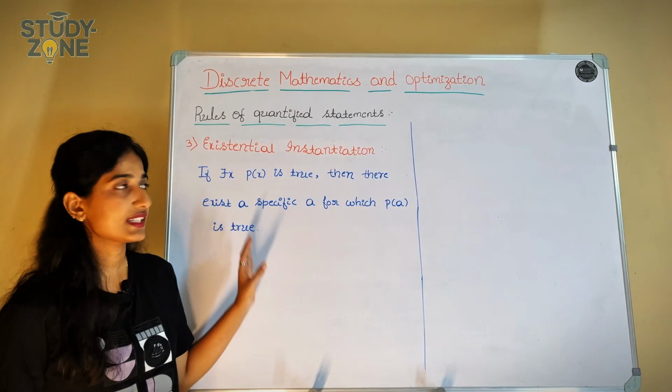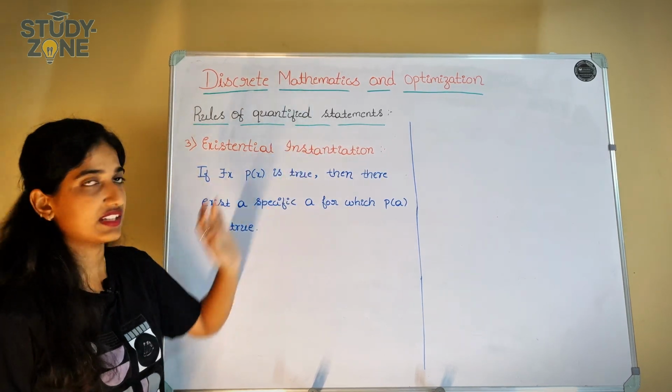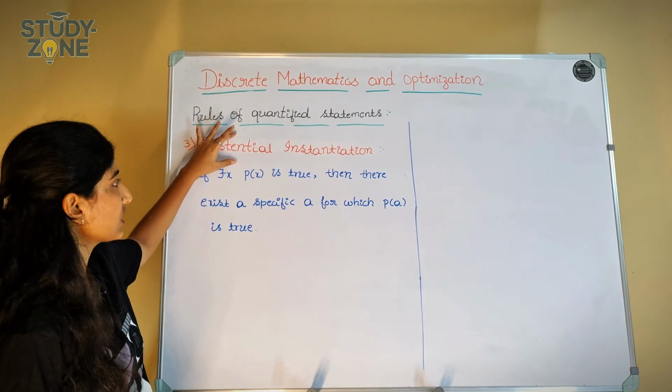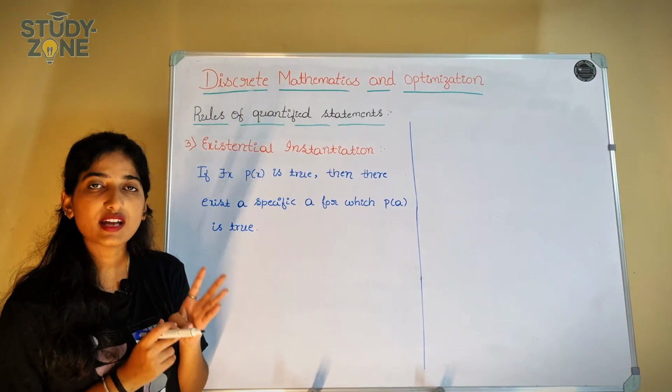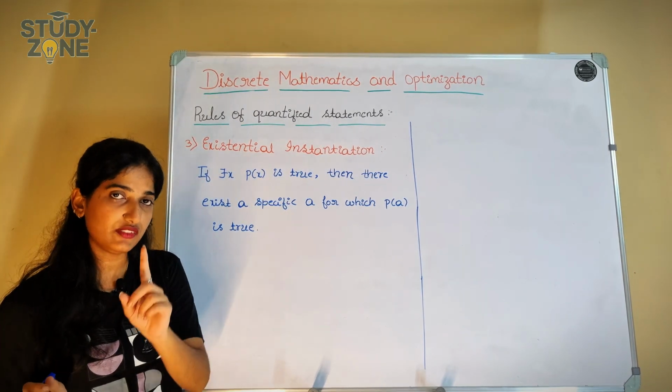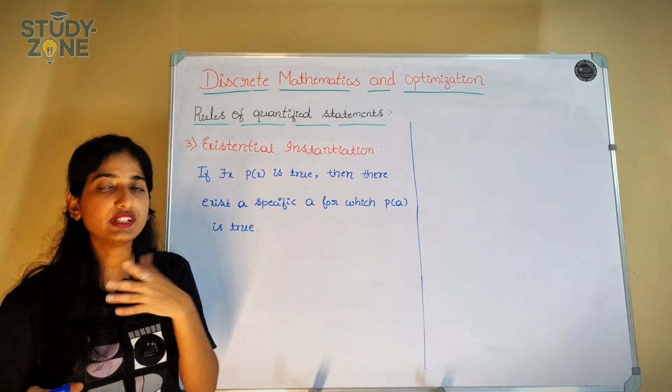Okay, the next one is existential instantiation. So at first, what is existential quantifier? Existential quantifier means for some, means it is applied for only some values or for at least one value. If it is at least one value, then it is okay.